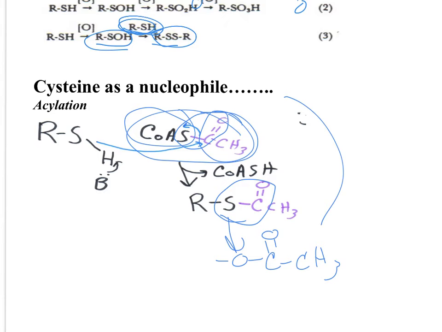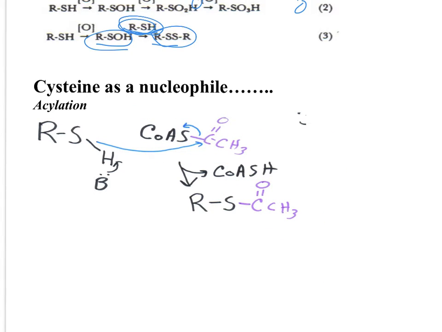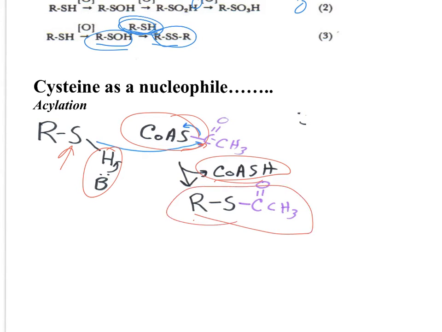Anyway, going back to what I was saying before, I'm going to clear this out a little bit here. What's happening here is you get base subtraction of a proton, and then the sulfur here can be a nucleophile. It attacks the carbonyl, and then coenzyme A is kicked off as a leaving group, and now, if this is a protein, you would have acetylated this protein.